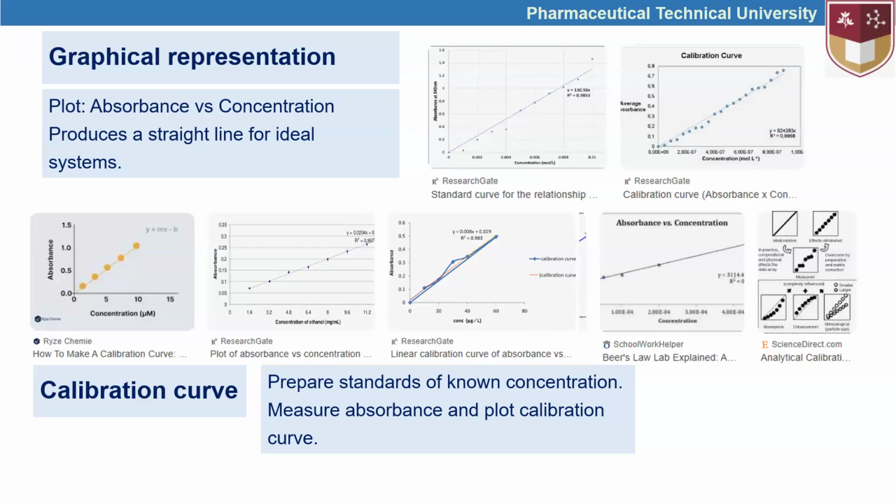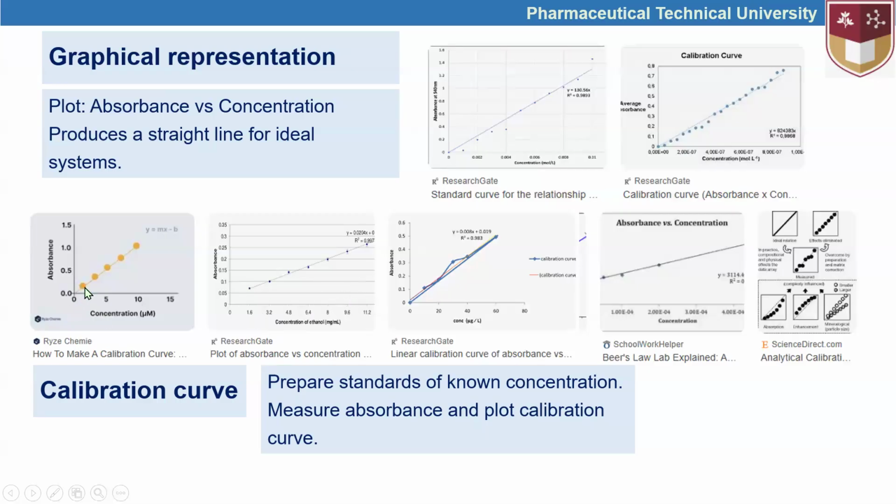Another point I would like you to pay attention to is that the minimum and maximum points of the concentrations should differ by at least 6-7 times. Let's take a look at this example. The concentration is 1.6 milligram per milliliter, and here it's 11.2, which is about 7 times difference.